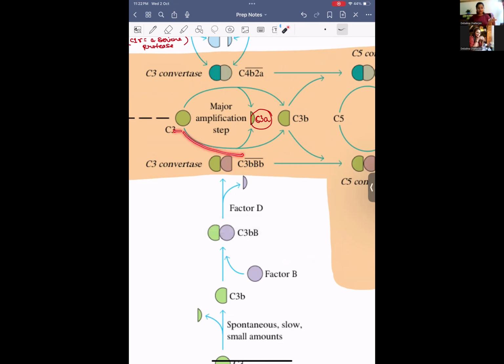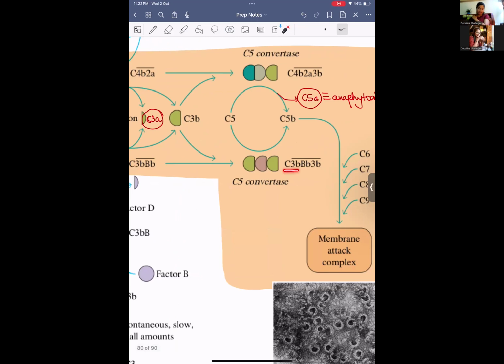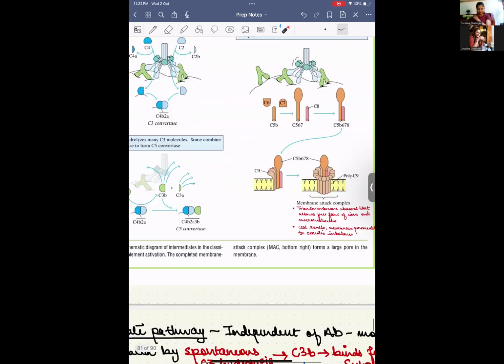C3 cleaving, this is going to join to this if it's the alternative pathway. We have another C3b molecule joining, associating as C3bBb3b, forming the C5 convertase. And once C5 convertase forms, we have the formation of C5b joined by C6, C7, C8, C9 into a membrane attack complex.